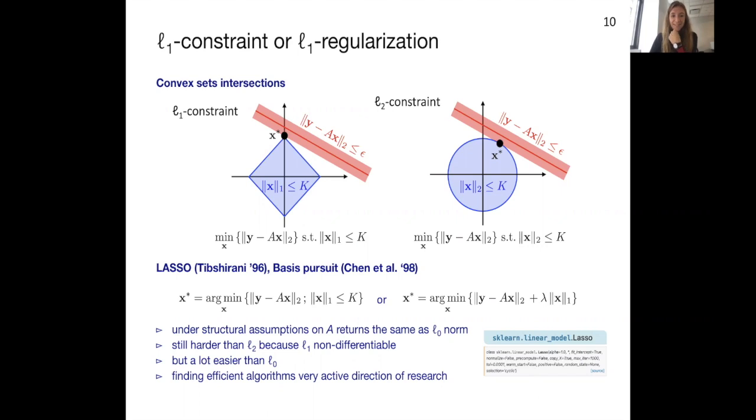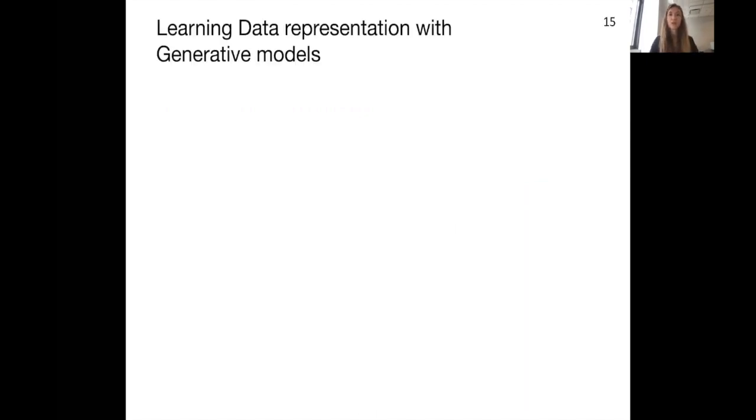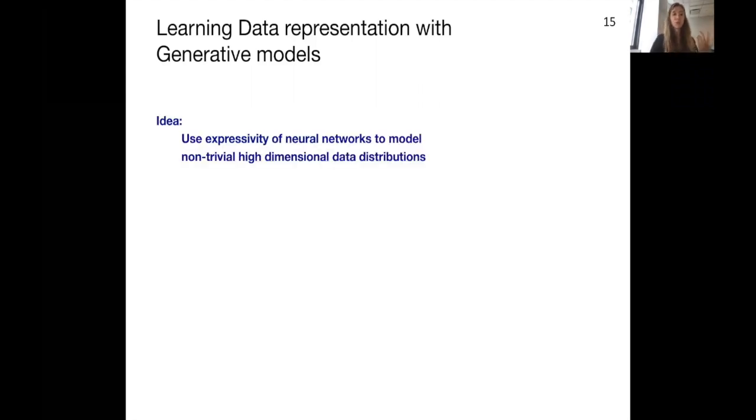Sorry. So now let's jump to the second part of this tutorial, which is on neural network priors. Something that I will have to tell you about along this tutorial is generative models, which are how we use the expressivity of neural networks to model the data distributions that we are interested in.